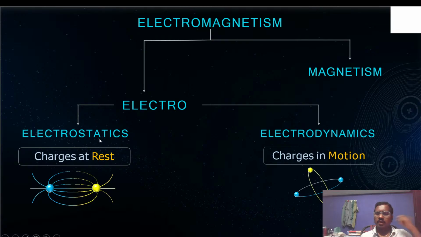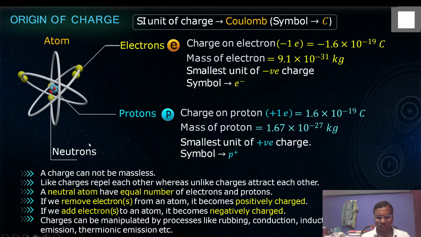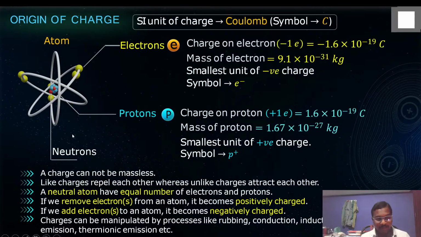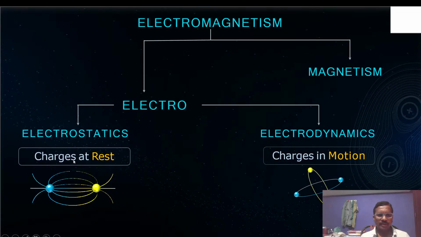Now here we have to focus on electrostatics. This electro we can classify again into two types, based on the electron. Static is based on the charge at rest.